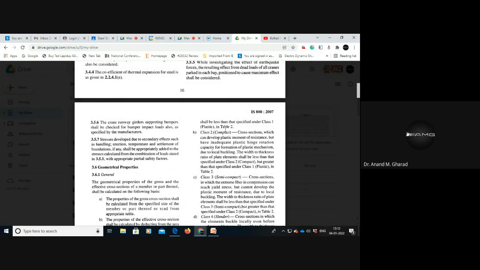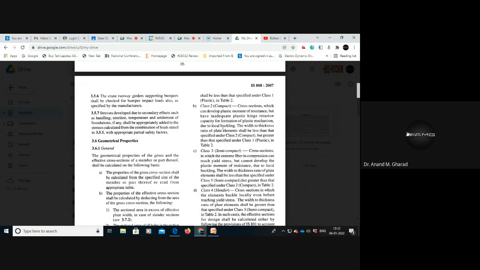Okay, so the question must have arisen in your mind: what should be the width to thickness ratio, or the aspect ratio, for different types of cross sections?